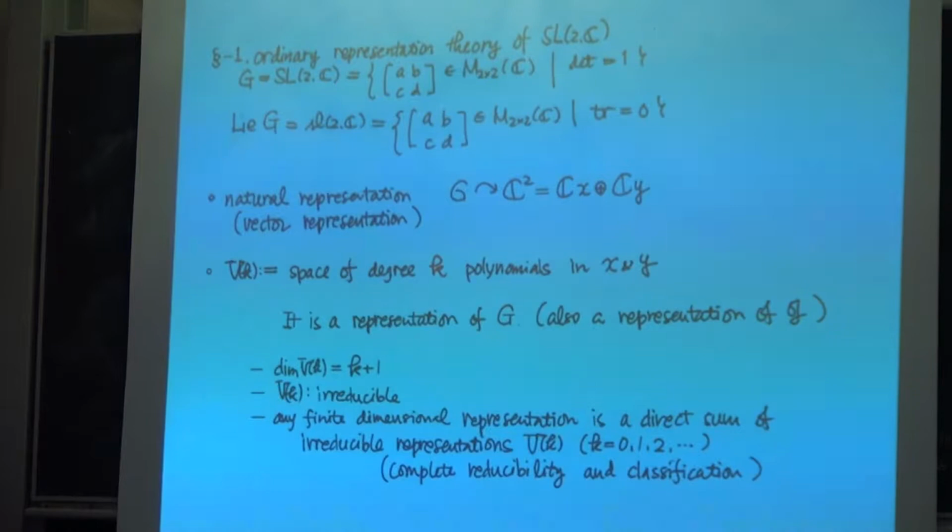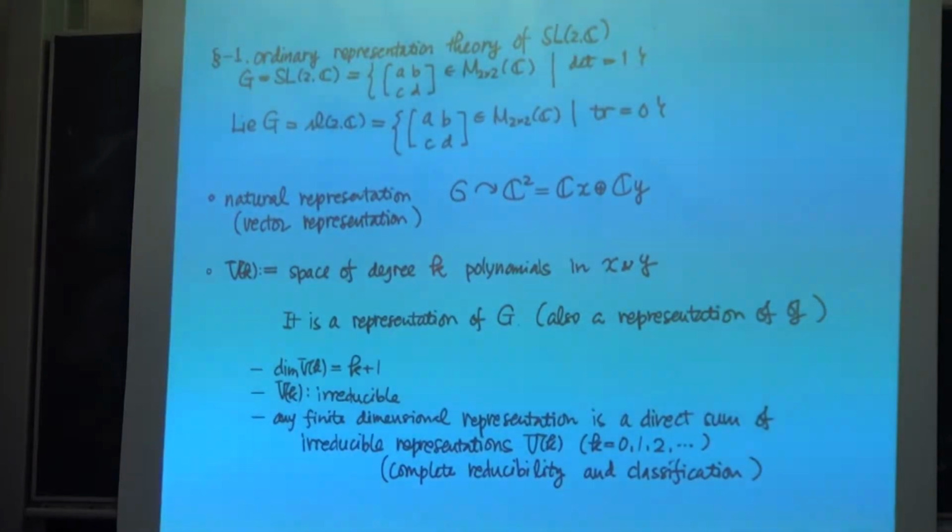This is just 2x2 matrices with determinant 1. And I also consider its Lie algebra, which is just 2x2 matrices with trace 0. Then we have the two-dimensional representation of the group SL2C.